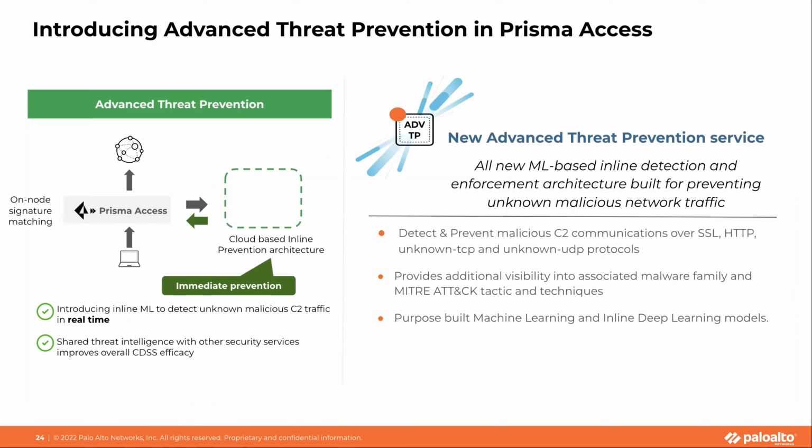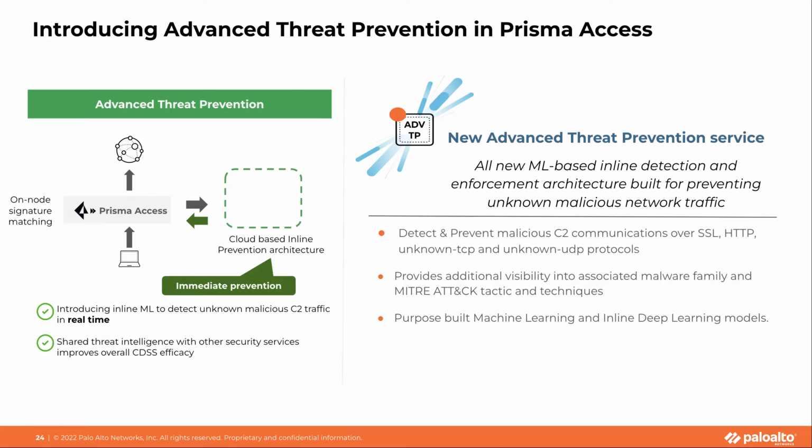All the data that is not detected by the standard threat prevention capabilities that we already have is sent to a cloud-based inline architecture, and we get a judgment almost immediately in real time. We can detect and stop a lot of these attacks, what we call patient zero attacks.